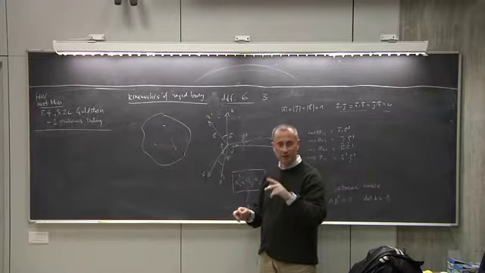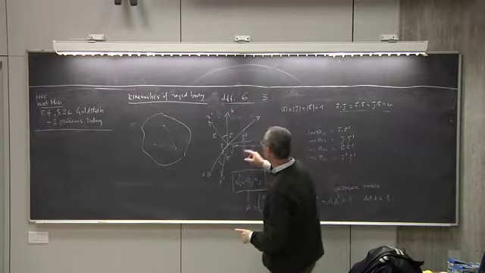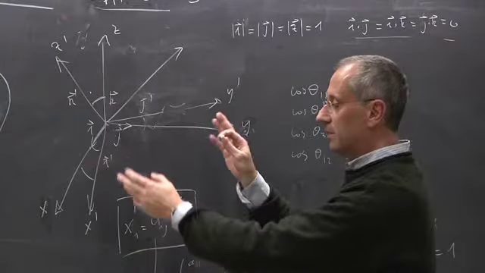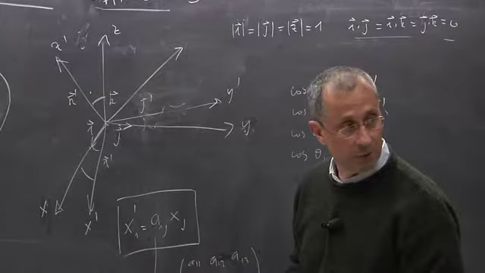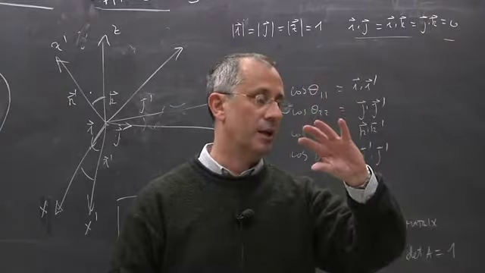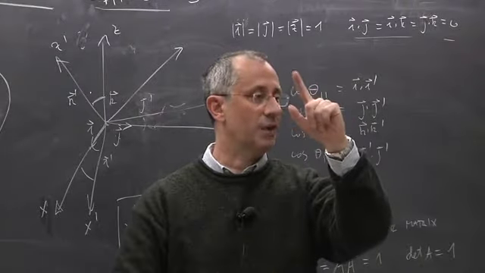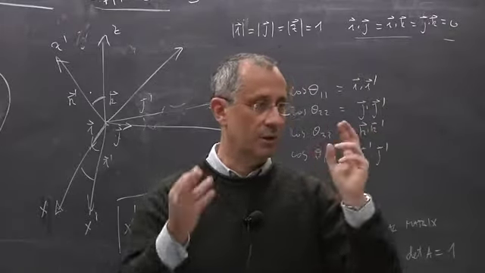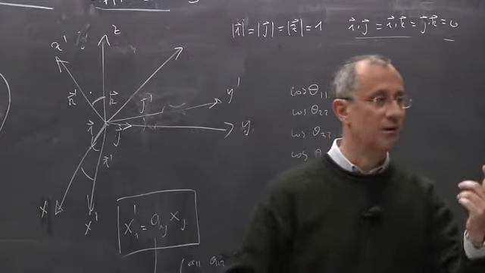You have a vector here, and if you rotate your axis according to this rule, the components of this vector change according to this multiplication, given the rotational matrix. But you can always think of the dual picture in which the set of axes remains fixed and the vector is rotating. It's the active and passive way of describing the rotation.